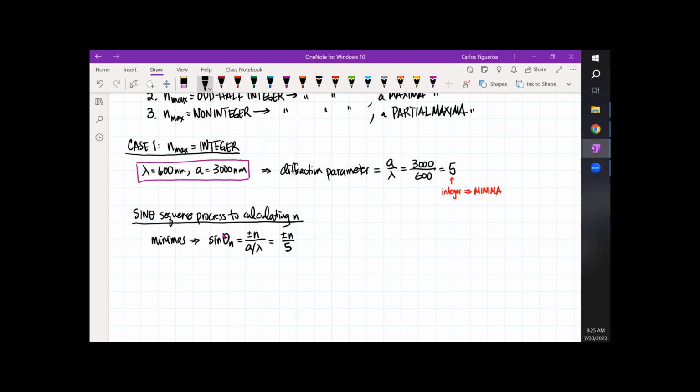So now we start our sequence. We're going to get plus or minus 5 times 1. And then I have to keep going until I exceed sine theta greater than 1.